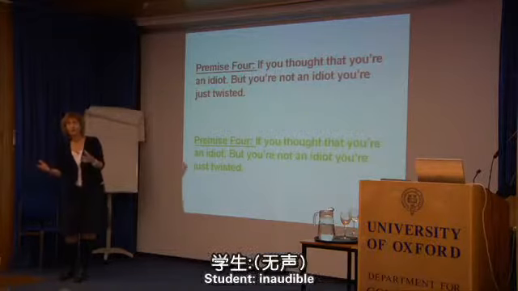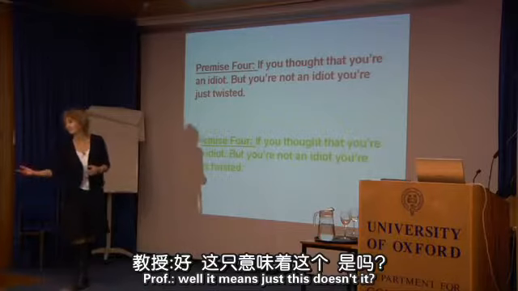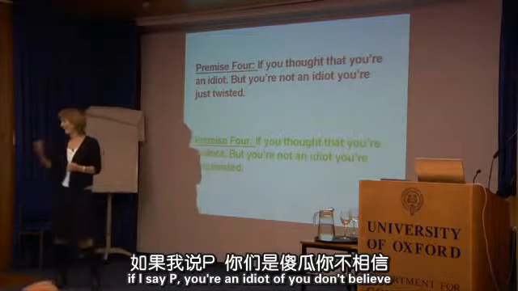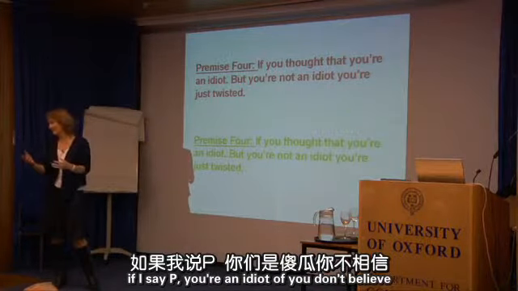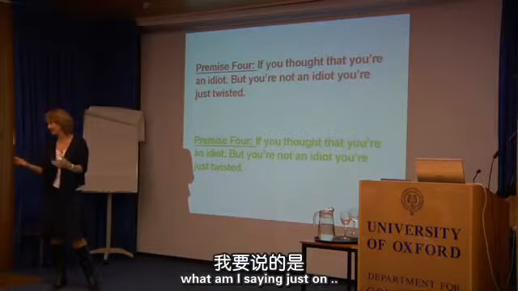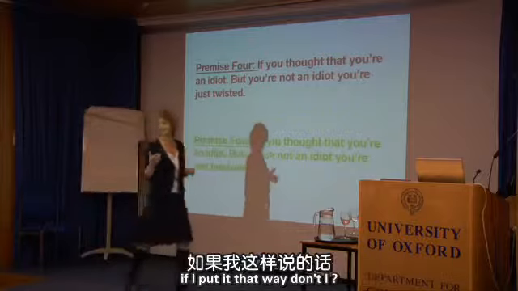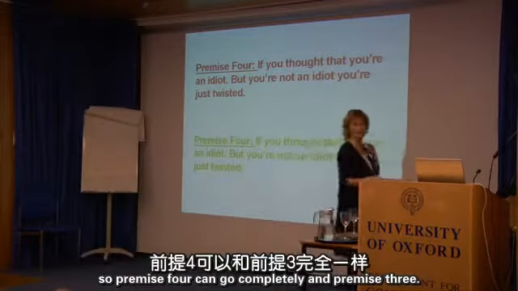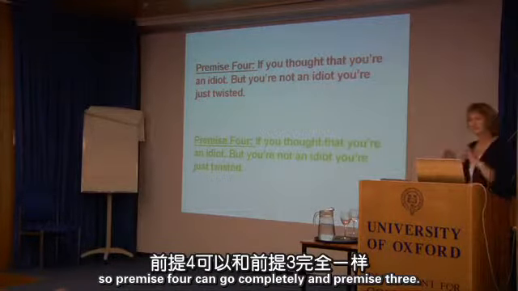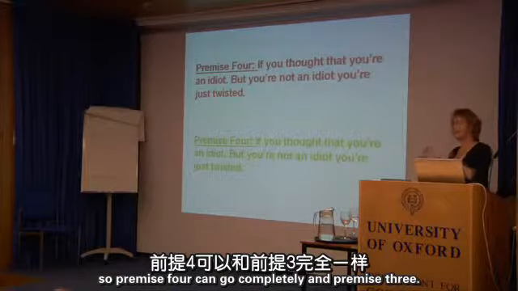Which means what? Well, it means just this, doesn't it? If I say P and you're an idiot if you don't believe it, what am I saying? On the whole, well, yes, I'm also saying you're an idiot if I put it that way, don't I? So premise 4 can go completely, and premise 3.